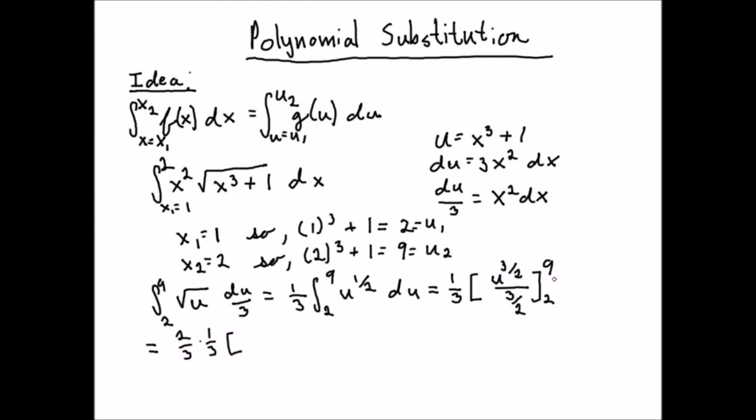Now I can plug these limits of integration into my new function. Plugging in 9 gives me 9 to the 3/2 minus 2 to the 3/2. I can simplify this further: 2/3 times 1/3 gives me 2 over 9. Sometimes you can just stop here because you basically have numbers, but we'll simplify even further. 9 to the 3/2 gives me 27, minus 2 to the 3/2, which we'll round off as 2.828.